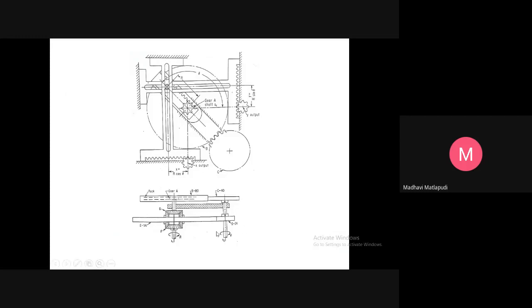The mechanism majorly comprises of gear B, which gets the driving motion from gear C through an input source of shaft S2. Now, this gear in turn has a slot on which a rack and pinion are operated.